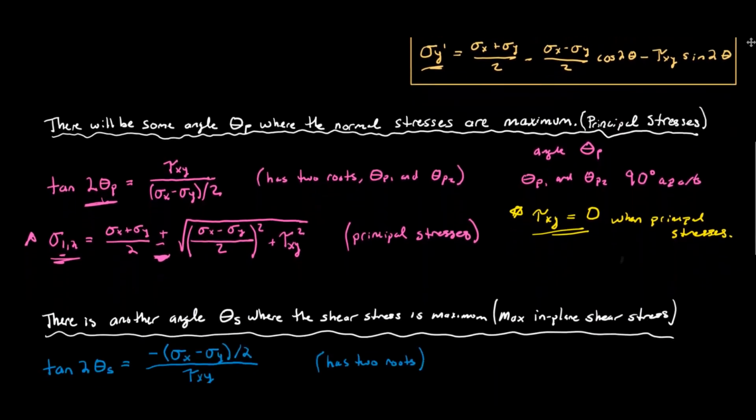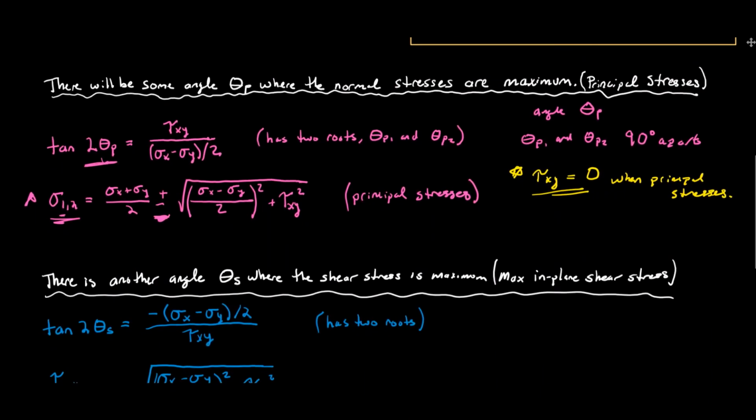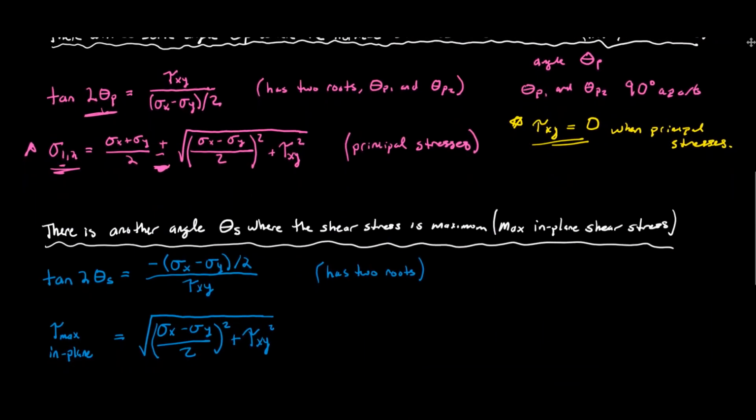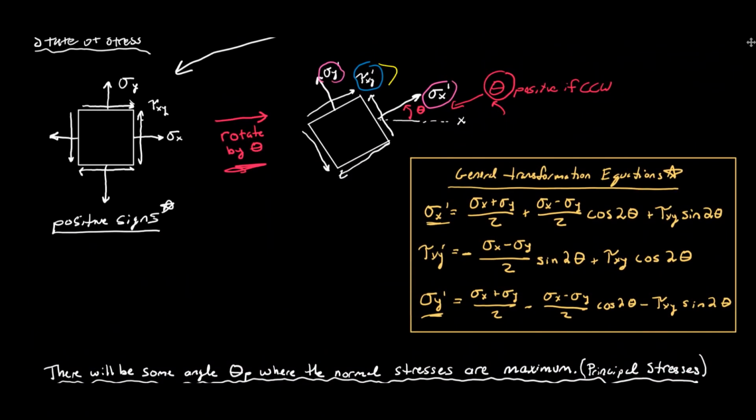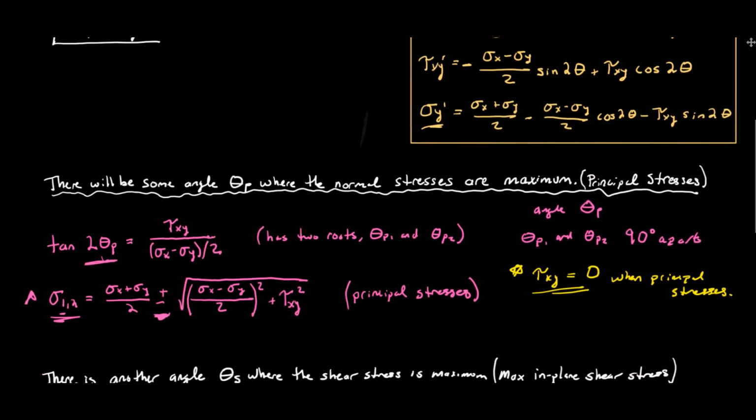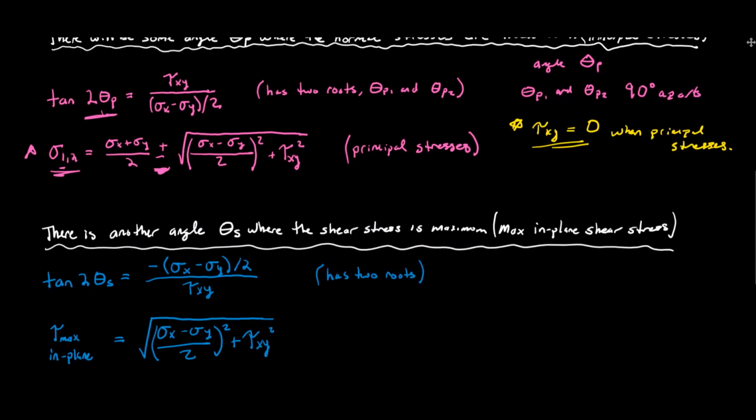But there's also going to be a different angle. We call this theta subscript s, where our shear stress is going to be maximum. So now we're looking for an angle where our shear stress is maximized. Those equations are listed here, and it's also going to have two roots, 90 degrees apart. To calculate the maximum shear stress value, we just use this equation.